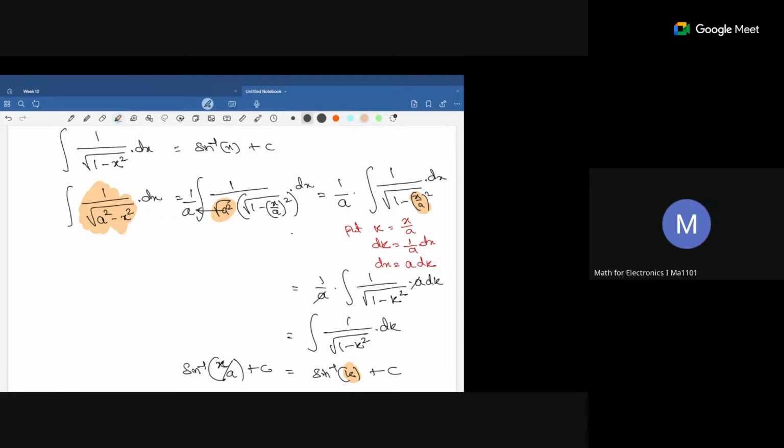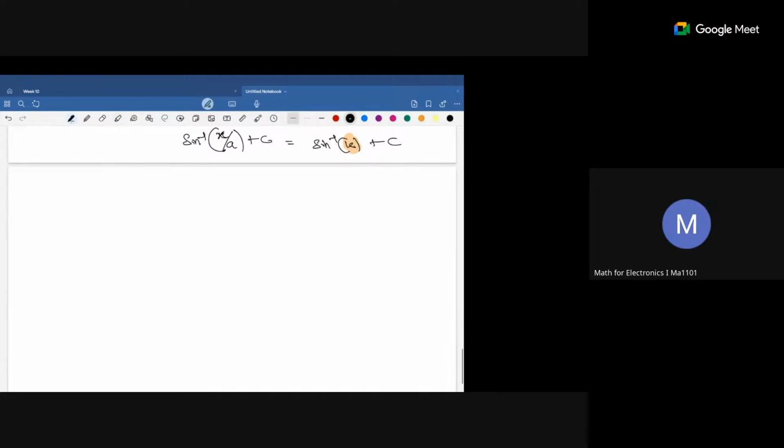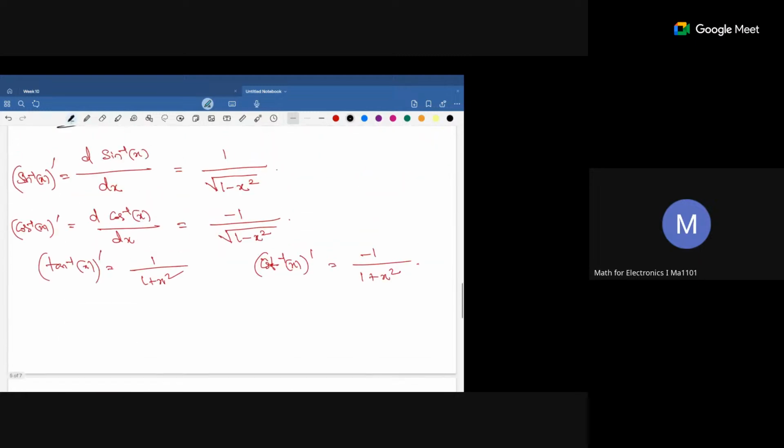Okay. Similarly, we can also compute integrals of this type: 1 by 1 plus x square. It is the derivative of tan inverse of x, right?